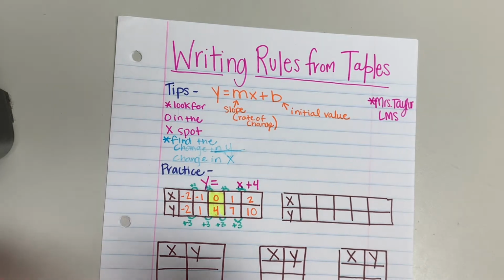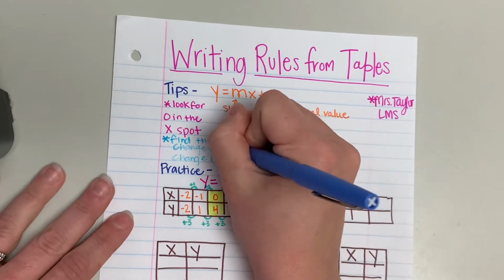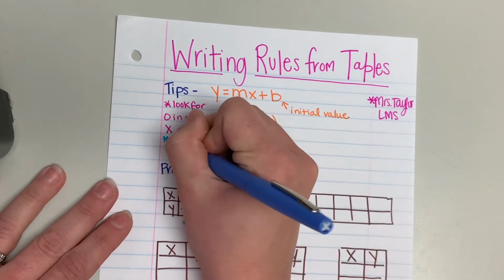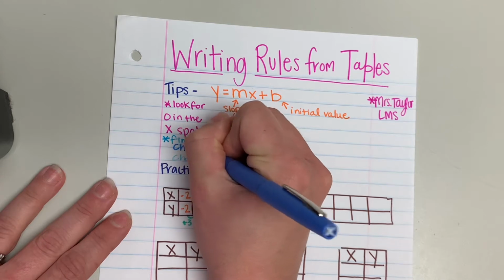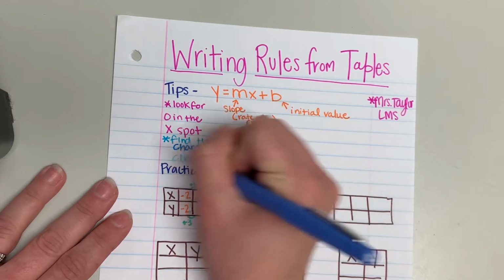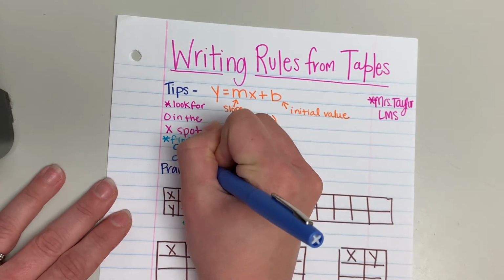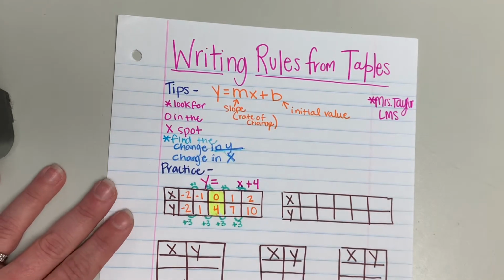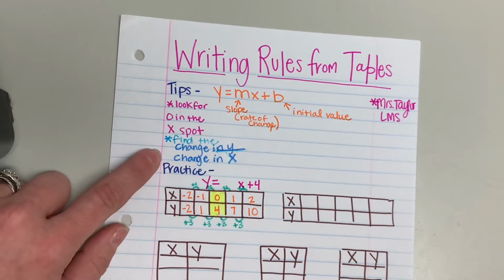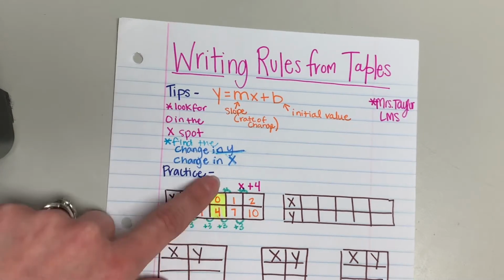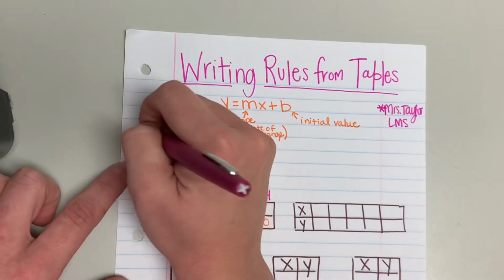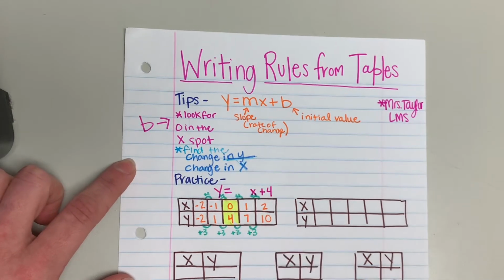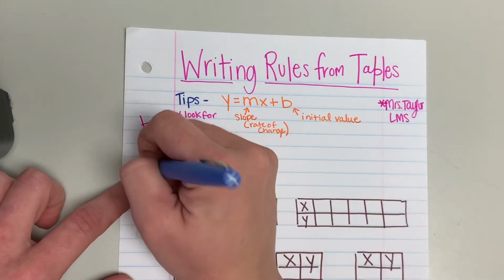Let me darken that up just a little bit. The change in y over the change in x. So that's how you determine your slope. So our tip, look for the 0 in the x spot. That was to help find our b. And then the change in y over the change in x helps us find our m.